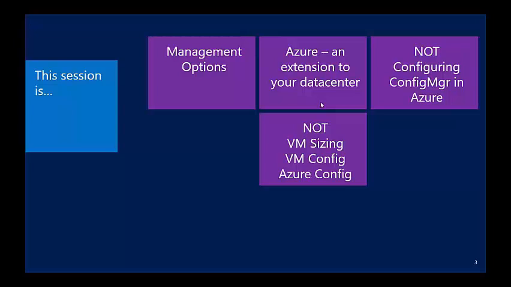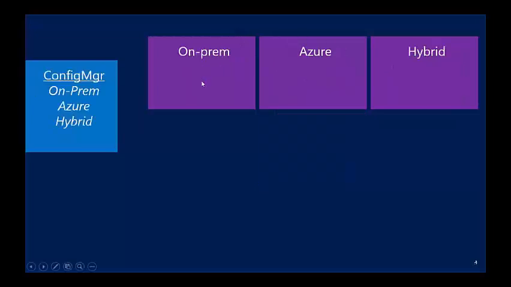This also is not a discussion of the specific details you need to consider in putting systems in Azure and getting ConfigMgr ready to go there in whatever form, site server, site system, whatever. Certainly those details are important, such as VM sizing, the configuration of the VM, and the configuration of the Azure environment. Yet those are details pretty easily talked about elsewhere, so I'm not going to spend a lot of time on them here.